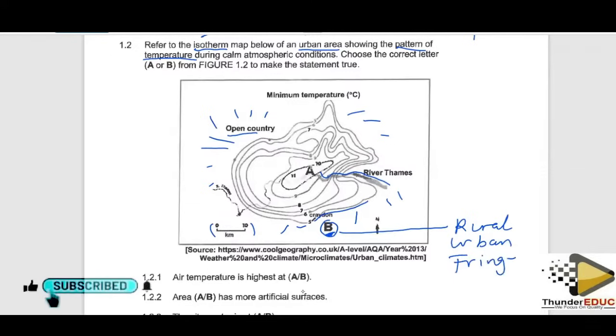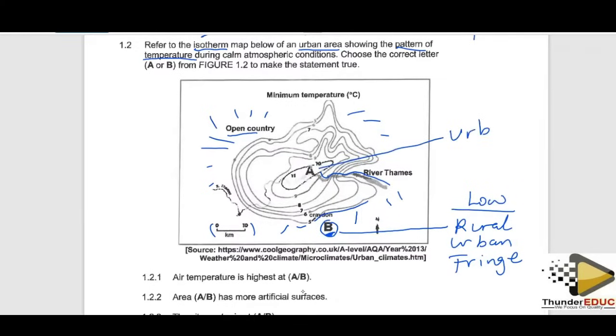And we know this area, they always experience lower temperatures. And at this point, which is at the center, this is the urban area. All right. So they are saying temperature is highest at point A, because point A is our urban area.